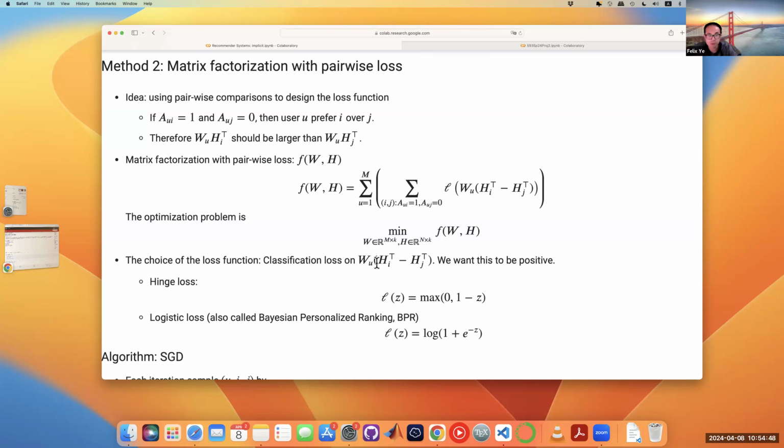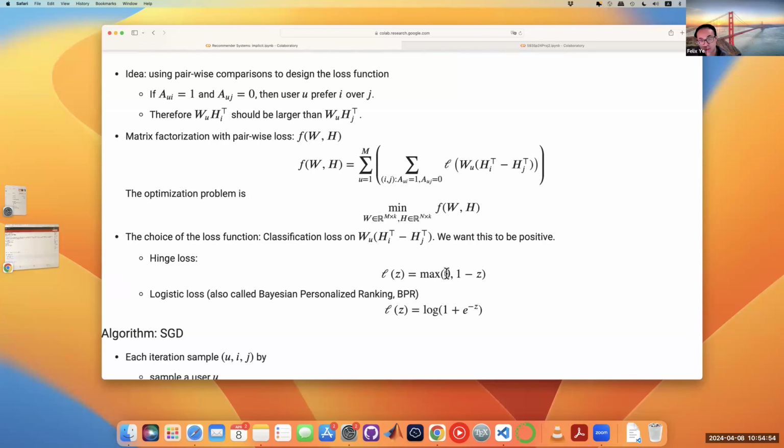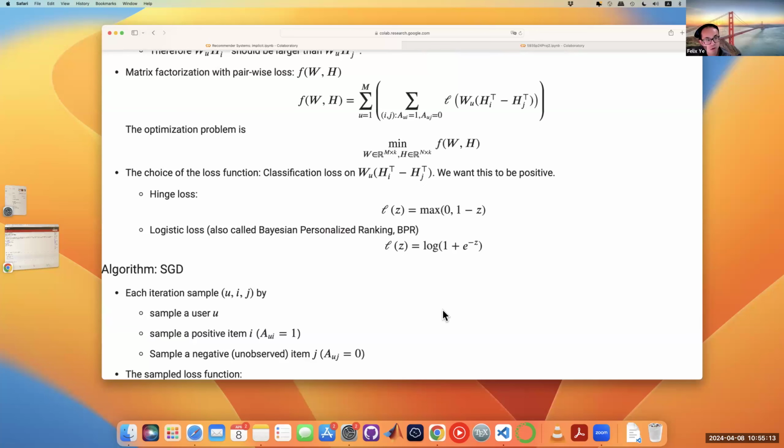So what you can do here is use a bunch of different loss functions. For example, you can use the hinge loss, which is used in SVM, or the logistic loss, which is used a lot in logistic regression.